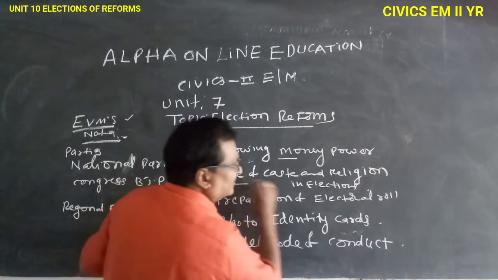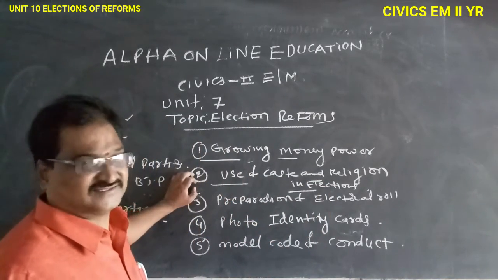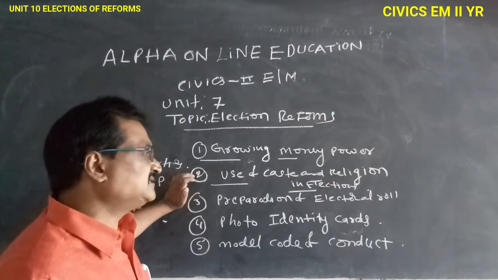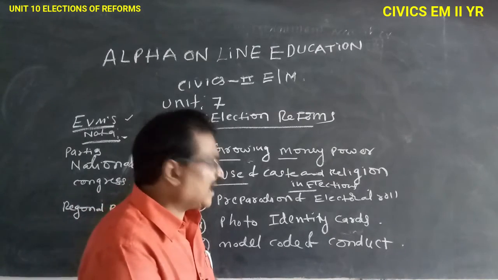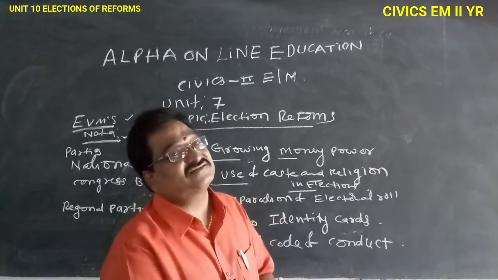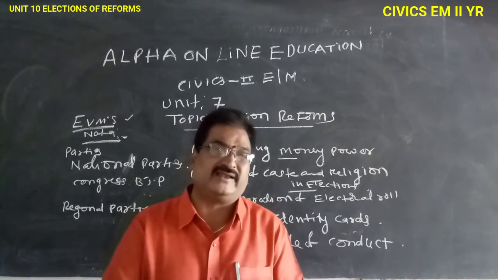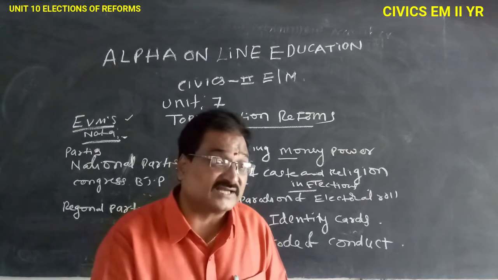So using caste and religion in election is not correct. And then preparation of the electoral roll. Actually, on our Indian side, those who have completed 18 years are voters. There is no variation between caste and religion.